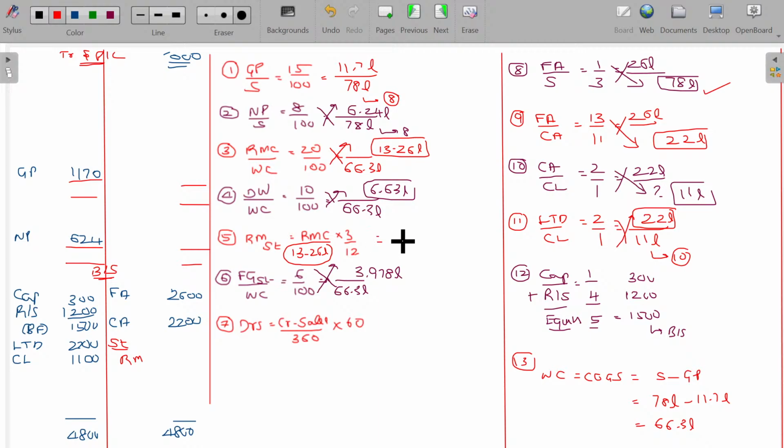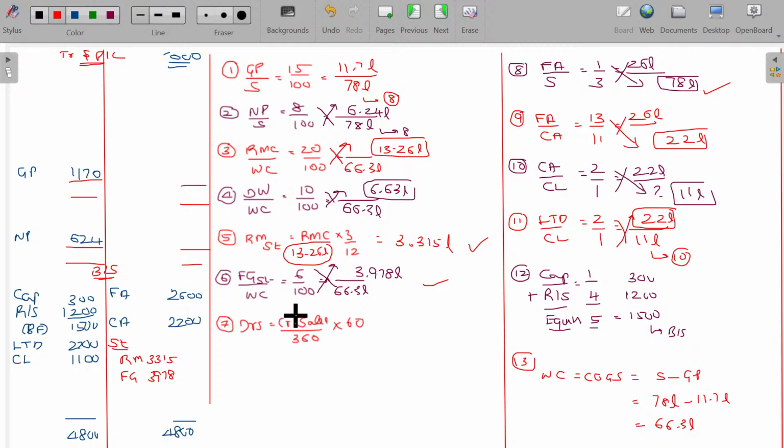Then raw material stock should be 3.315 lakhs, that is 3315 thousands. And finished goods stock being 3978.